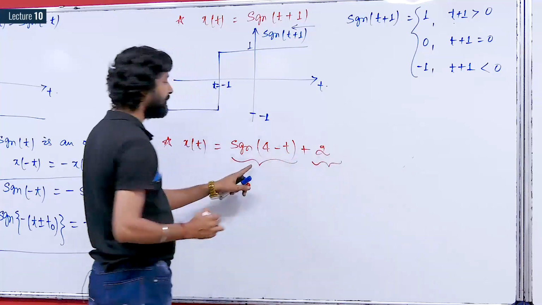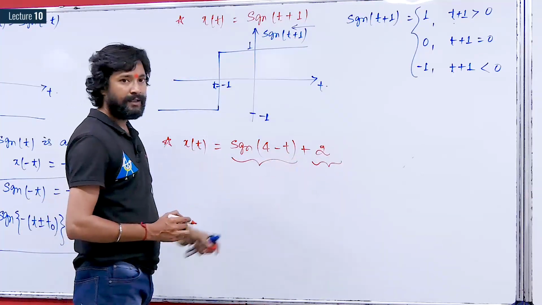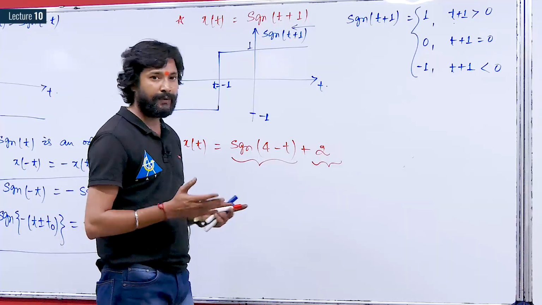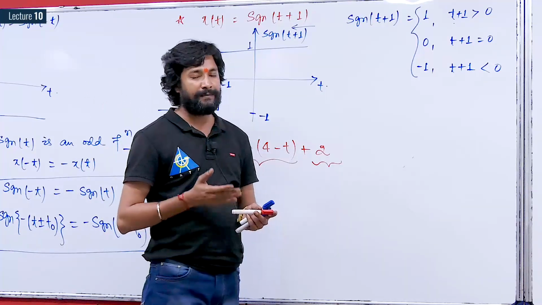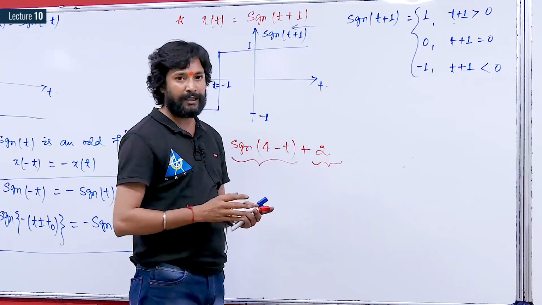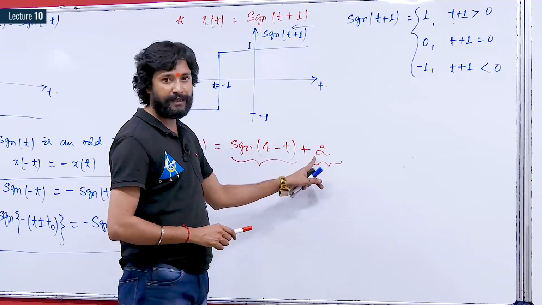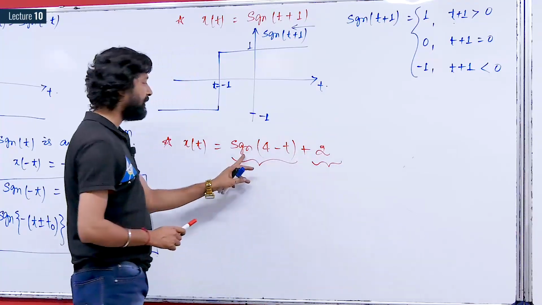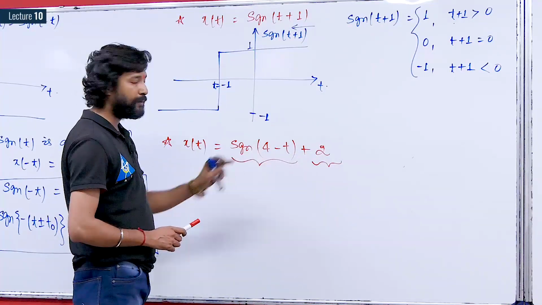The first signal is a signum part and the second part is a constant function. You know that whenever you add some constant to any other function, the value of that function is just shifted upward or downward depending on the polarity of this constant. So, this constant can be added later on, but first we have to calculate the plot of the signal of 4 minus t.